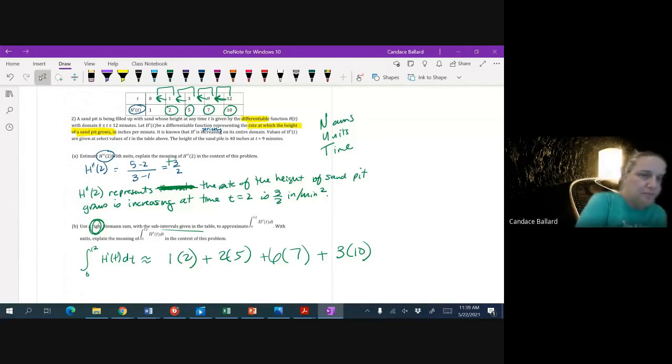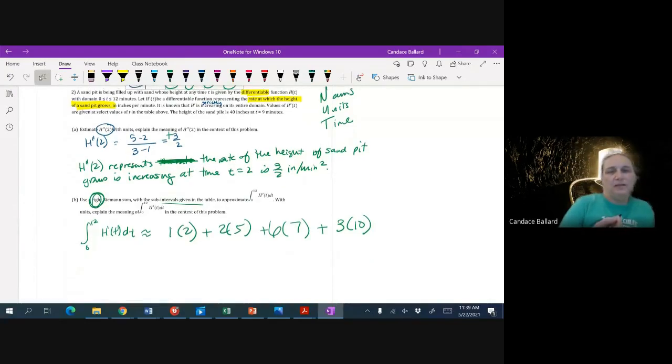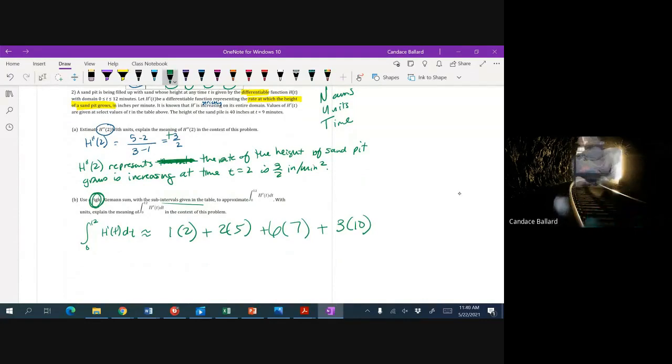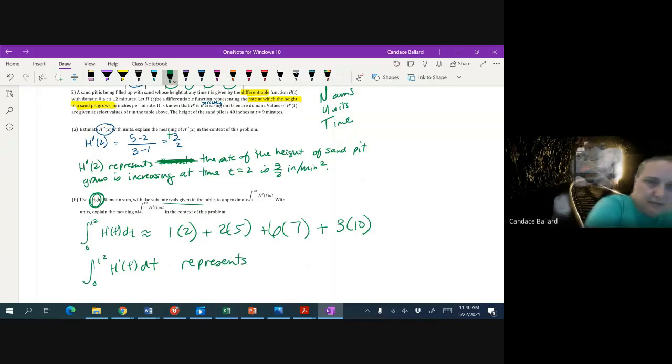So I could go with height. The integral, because it was the rate of the height. So the integral from 0 to 12 of h prime of t dt represents, I'm into the word represents today, I guess, the height of the sand pit.